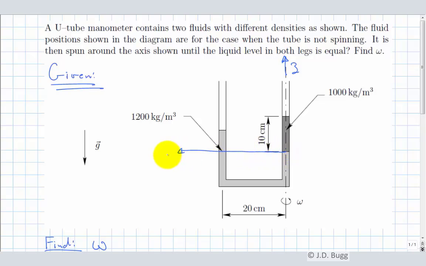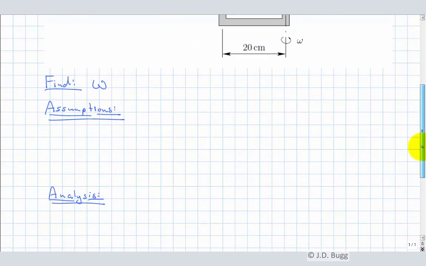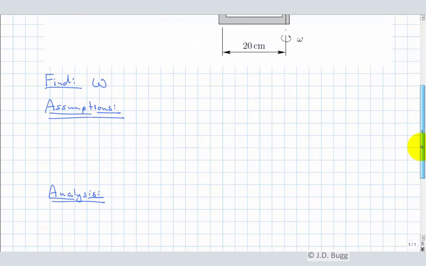Notice I'm putting z equals 0 at this original liquid level, and we'll see how that plays out as we go through this solution. It doesn't really matter where we put that origin, but it might be a little bit easier later on. So we've got our coordinate system established.